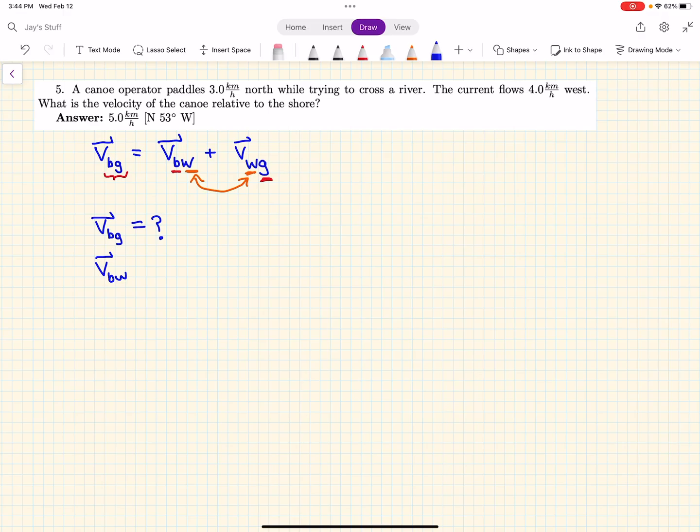So whenever it says, for example here, a canoe operator paddles 3 kilometers per hour north, that is describing the direction that they are trying to point, or that they are pointing relative to the medium that they're moving through. So in this case, that's boat to water. North.